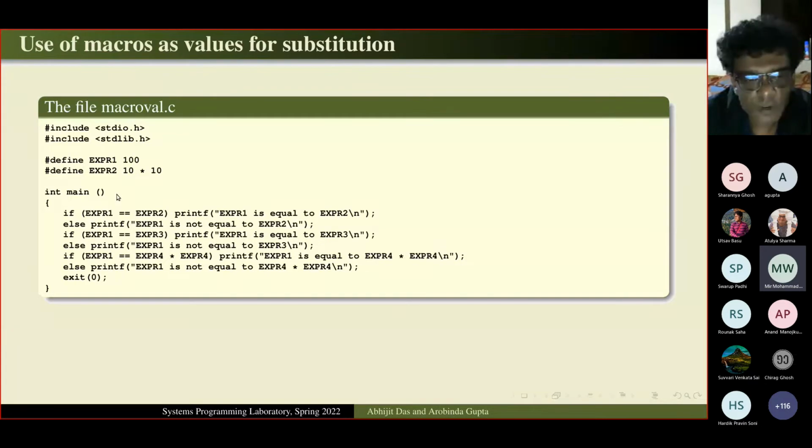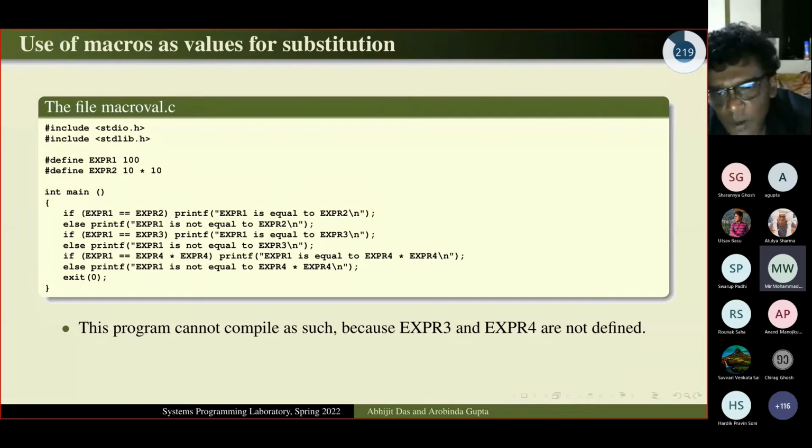Therefore, if you want to compile this program, it will refuse to compile because no macro of that name is defined, no variable of that name is defined, nothing. There is no way the compiler knows what you are talking about whenever you talk about expression 3 or expression 4.